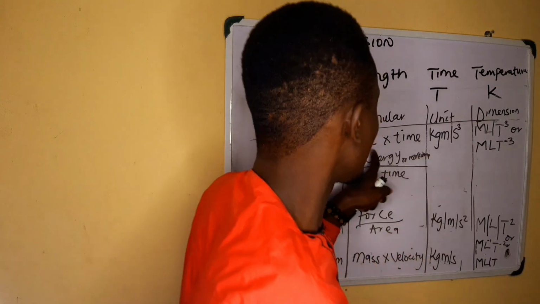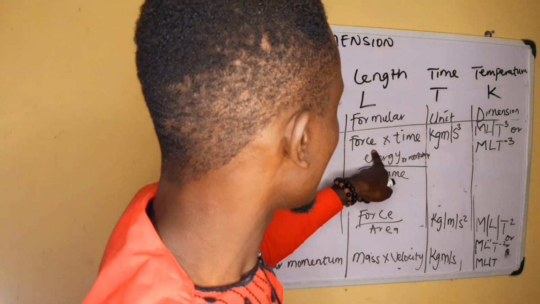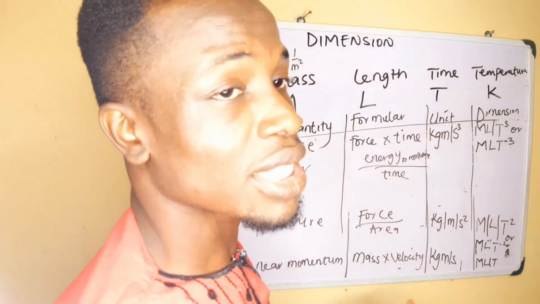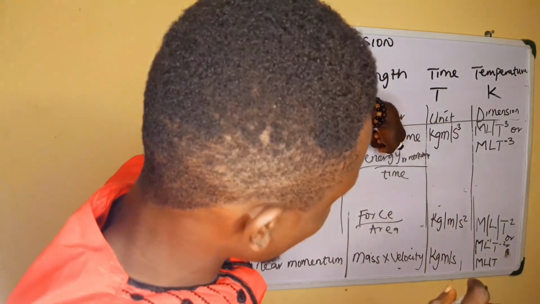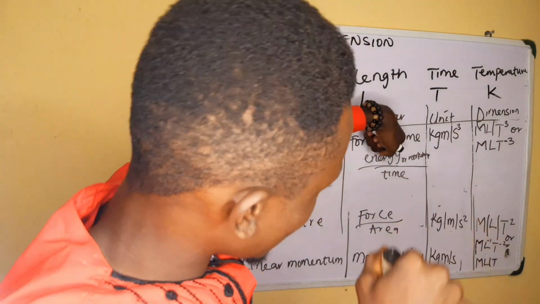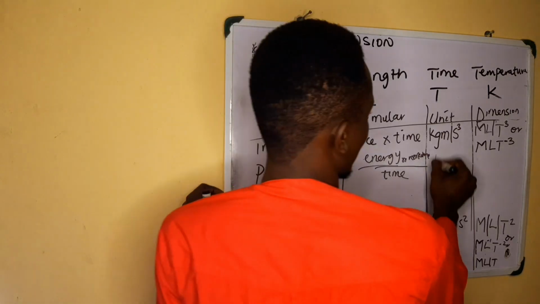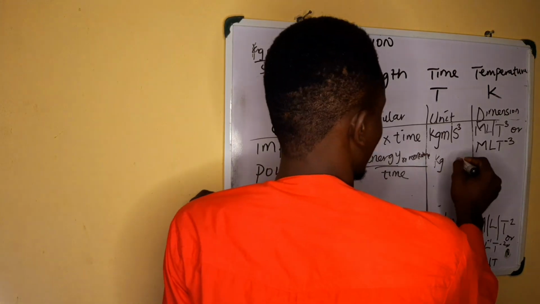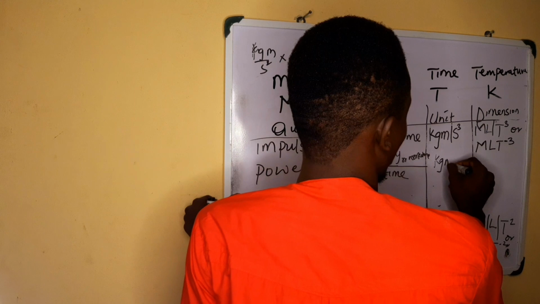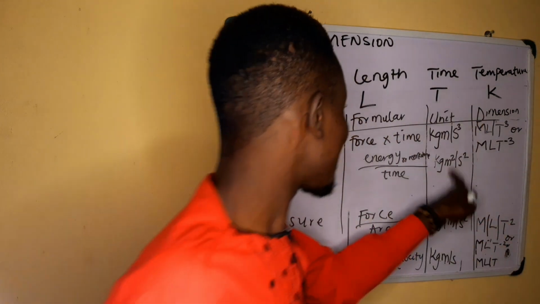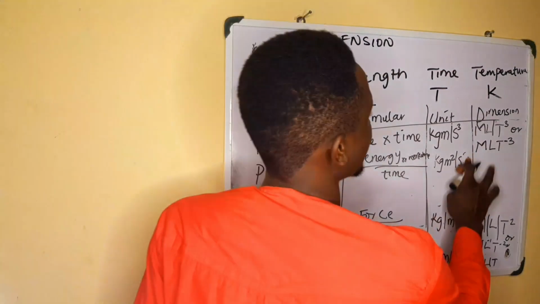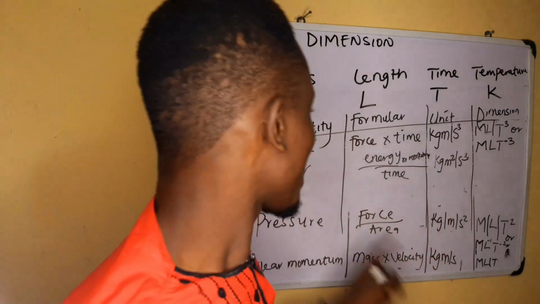The basic SI unit of work done or energy, because both have the same SI unit, is kilogram meter square per second square. Then if you're adding time to it, it's going to be kilogram meter squared per second cube, sorry. That is the basic SI unit of what?